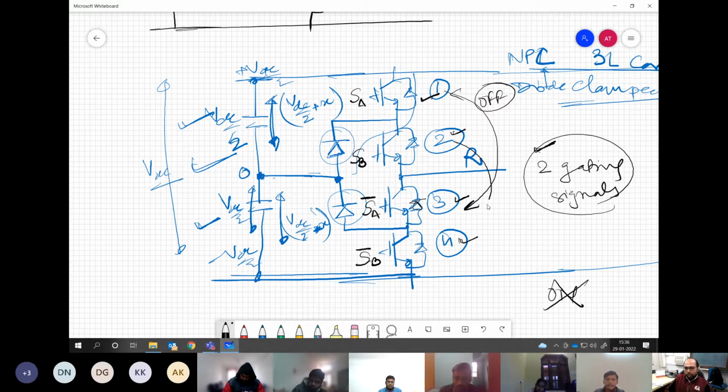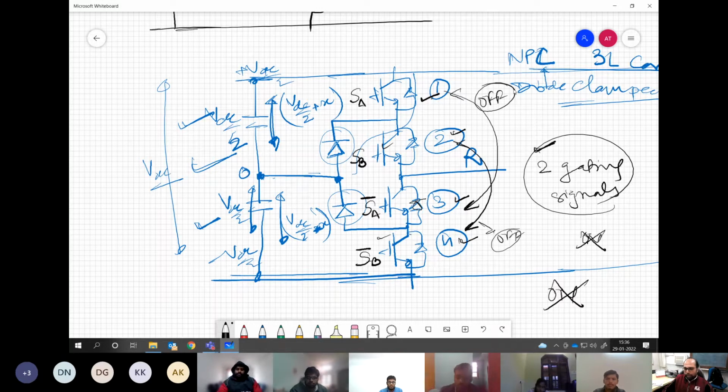Again, for 2 and 4, sometimes they both can be off together, but they can never be on together. There must not be any overlap time between this and this device. We may have some blanking time or dead time between these two devices. Understanding my point?